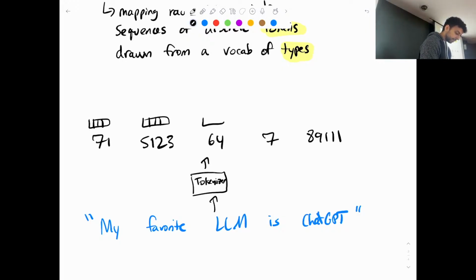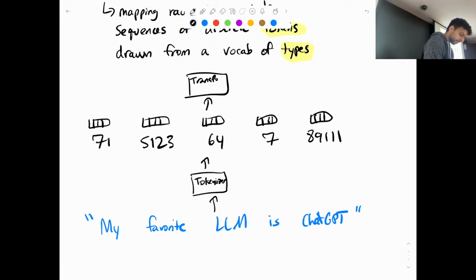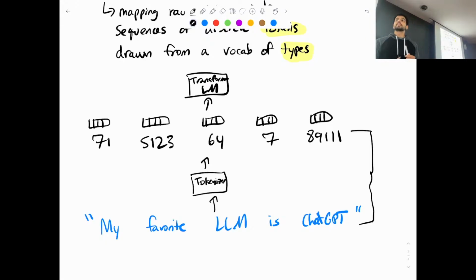And I'm going to similarly do that for every one of these indexes. And that's how I actually obtain the sequence of embeddings that is then fed into my giant transformer LM. Does that make sense? So we are focusing on this process for the rest of the class. How do you get from the raw string to this sequence of indexes?